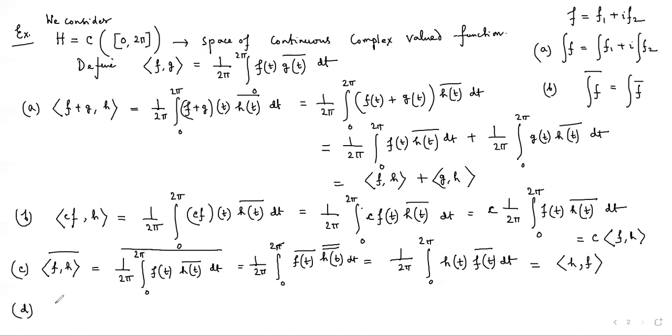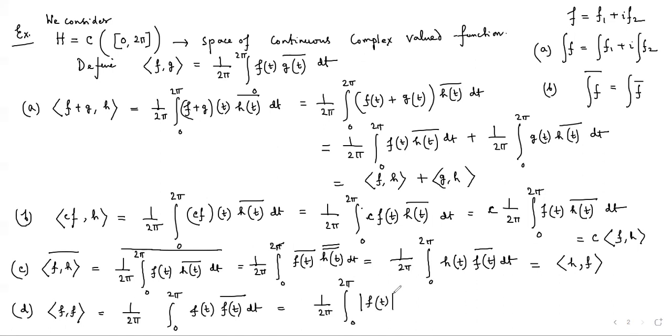And the last one is ff, 1 by 2 pi integration 0 to 2 pi ft bar dt, and you know that this is nothing but mod of ft square dt, which is always positive.